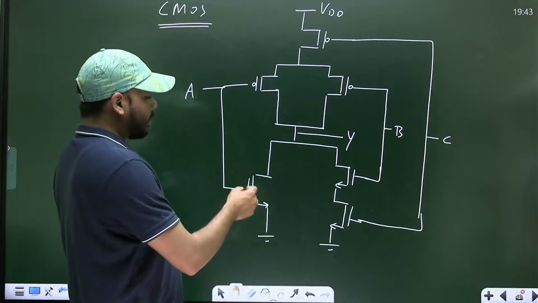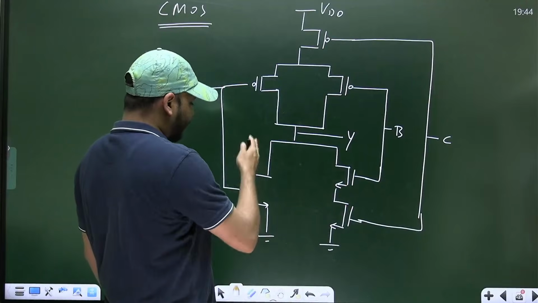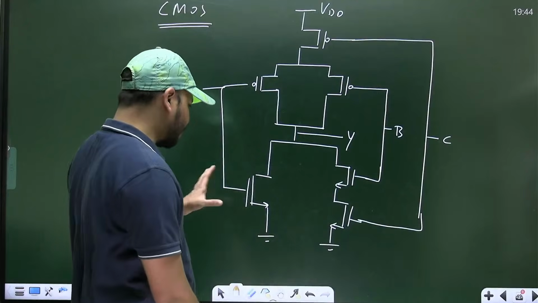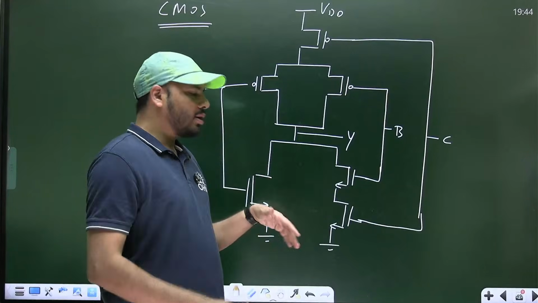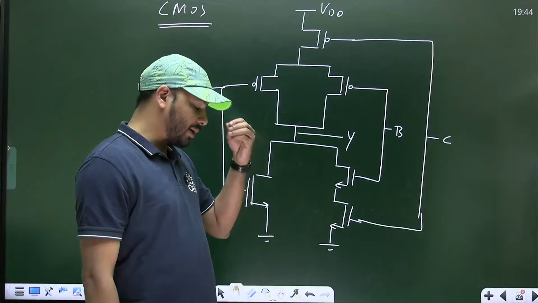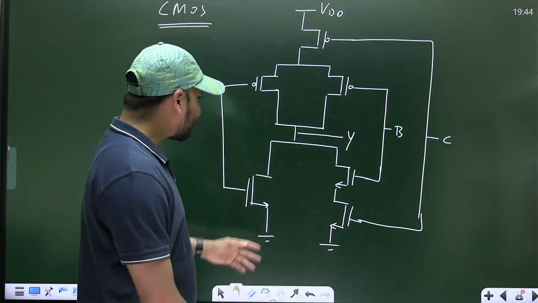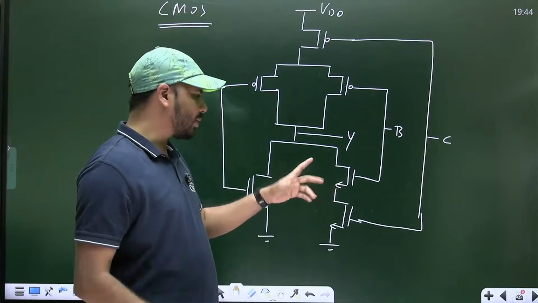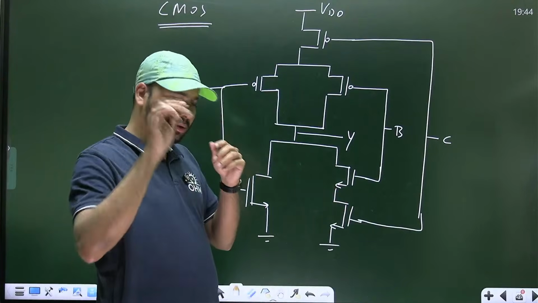If you look at the pull-down network alone, we have one NMOS in parallel with two other NMOS connected in series. So by looking at the pull-down network alone, you can write the logic function. Here B and C are connected in series, so it is like B into C under the complement.